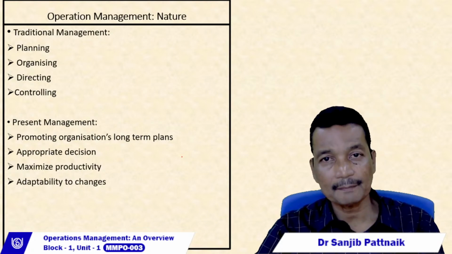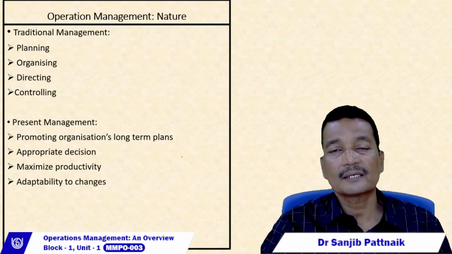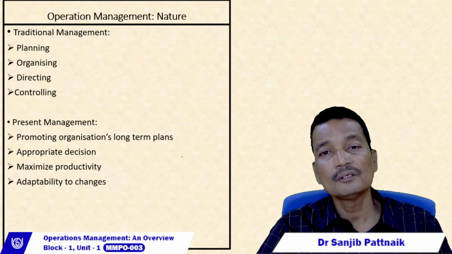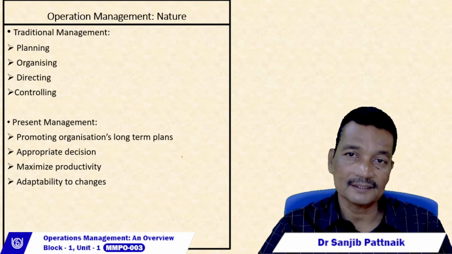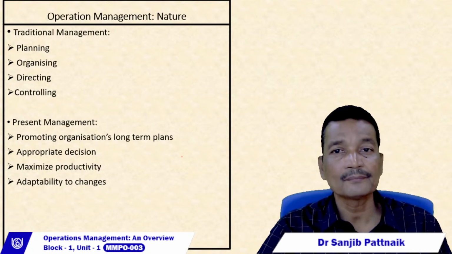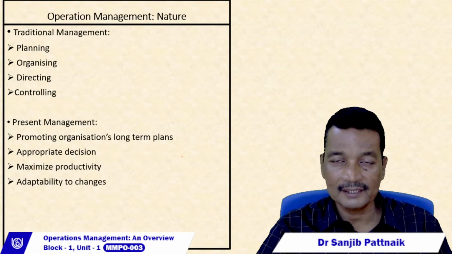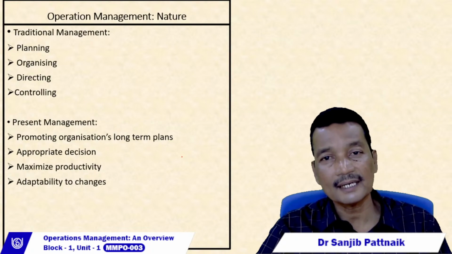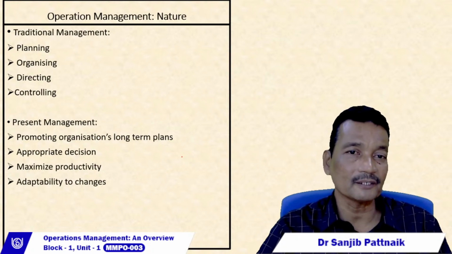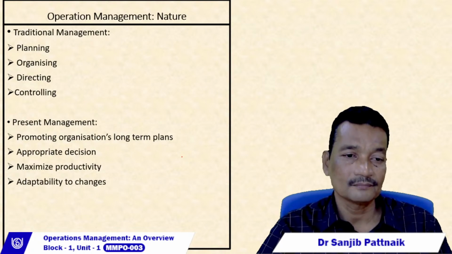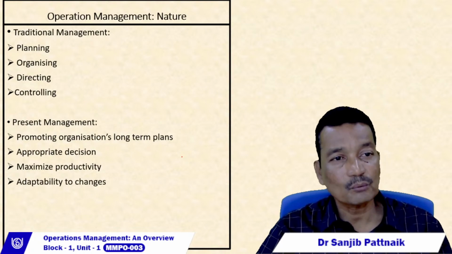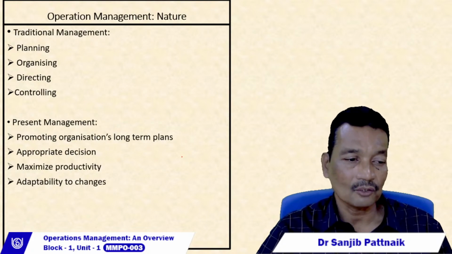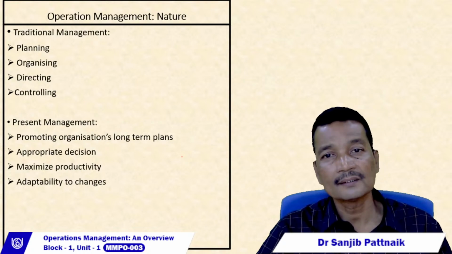If there is a gap and that is negative, that means we are lagging behind the plans, then we should control the activities. Why the thing has happened, how it can be rectified, how we can do better so that that problem will not crop up in the future. So that is what traditional management said to us: planning, organizing, directing, and controlling.